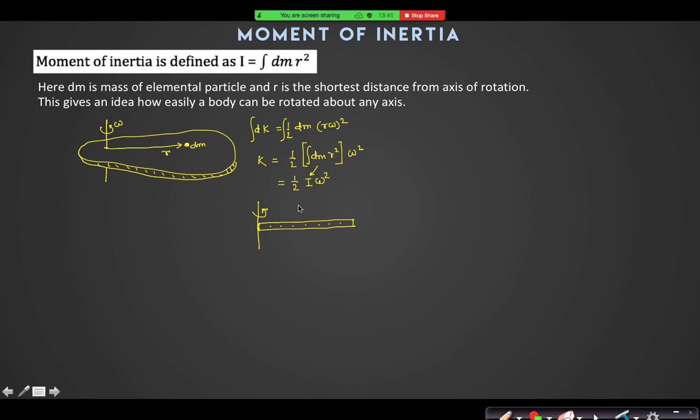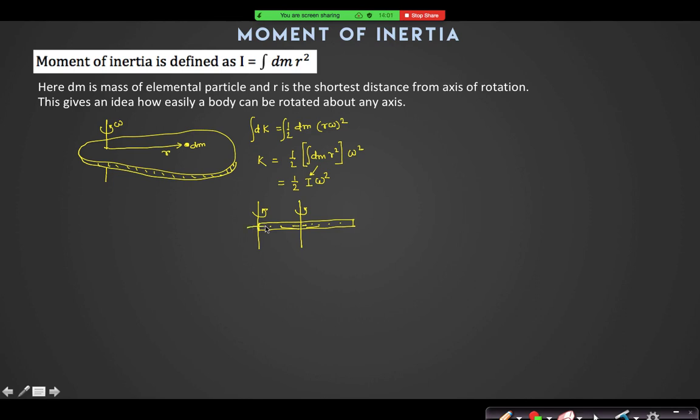But if I rotate the same pen with the same omega about the central axis, you will find that it is much easier to rotate. Why? Because now the particles are closer to the axis of rotation compared to the previous one.